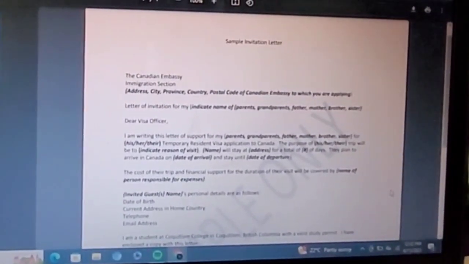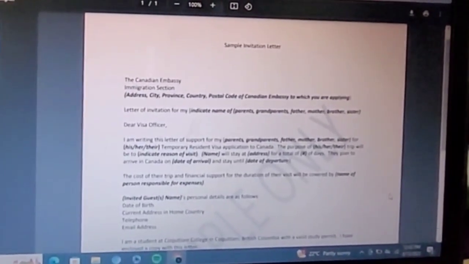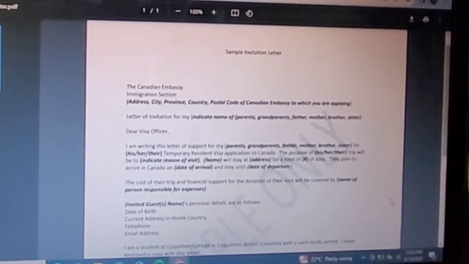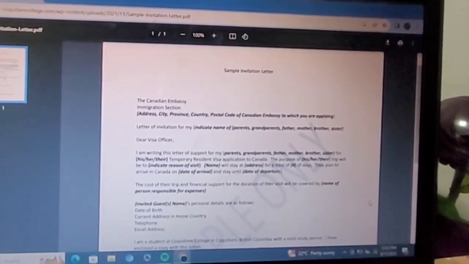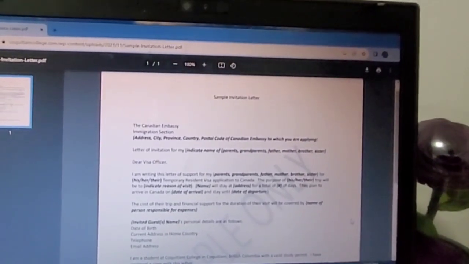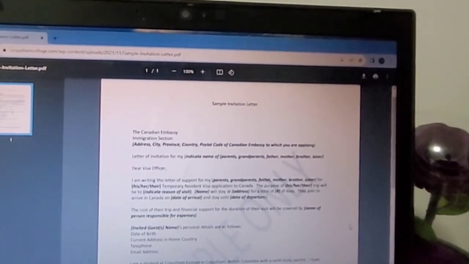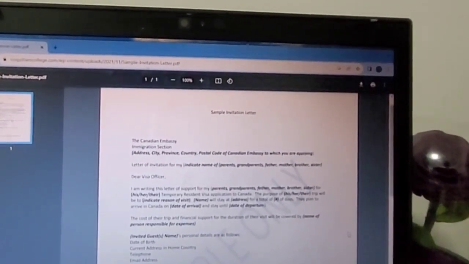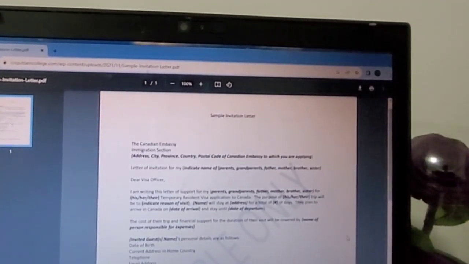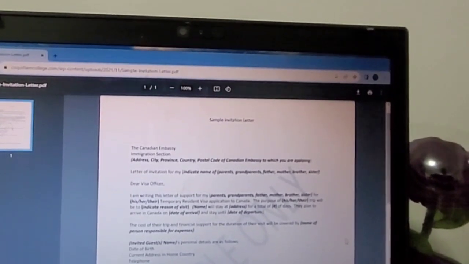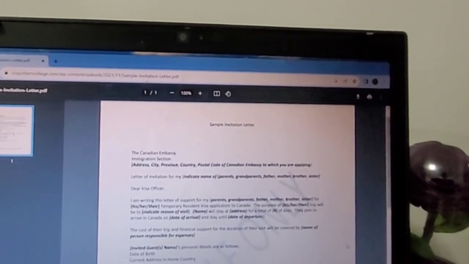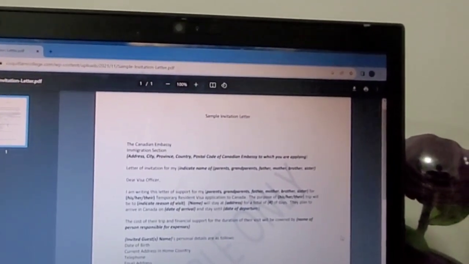For example, John will stay at 190 Field Hill Road, Brampton. Write the complete address along with the postal code. He plans to arrive in Canada on September 20, 2023, and he will stay until October 15, 2023. So John will stay less than a month in Canada. That's the first paragraph.